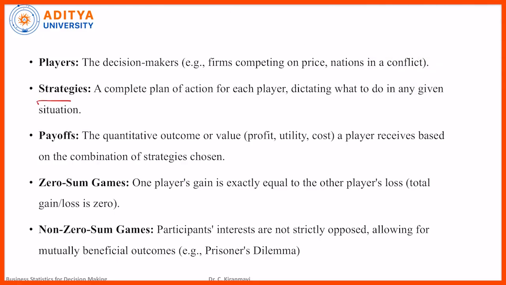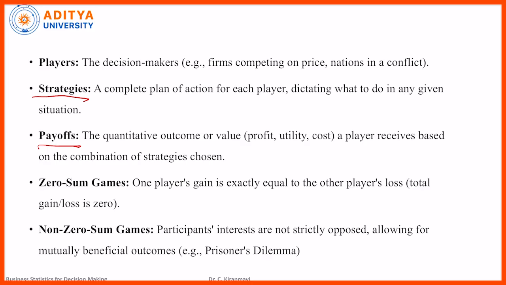When we talk about game theory or games, we come across the term strategies. What is the exact meaning of the term strategy? Strategy is nothing but the plan of action which the player is going to use against his competitor. Such a plan of action of a player is called strategy. Next, payoff.